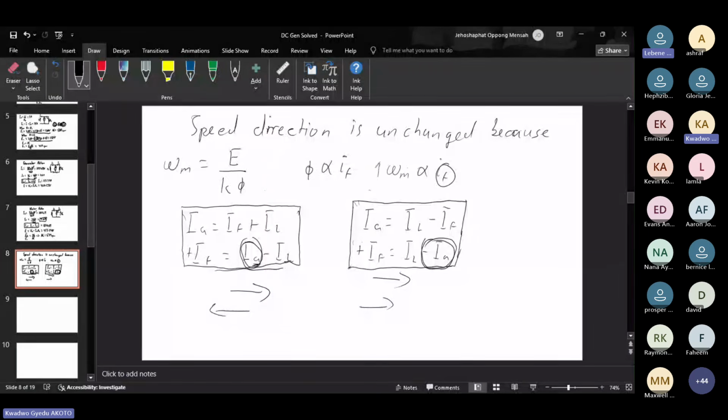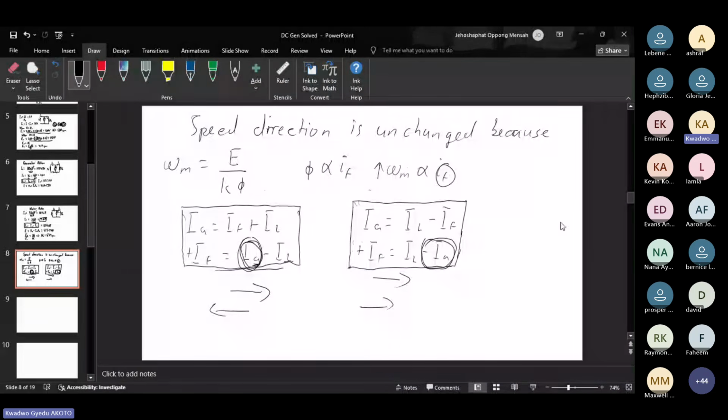But then the opposition due to torque is because of the nature of our IA. Because in one cycle we have IA adding to our IF, and in the other we have IA opposing our IF. So that's what we mean by the torque opposes motion in one and aids motion in the other.